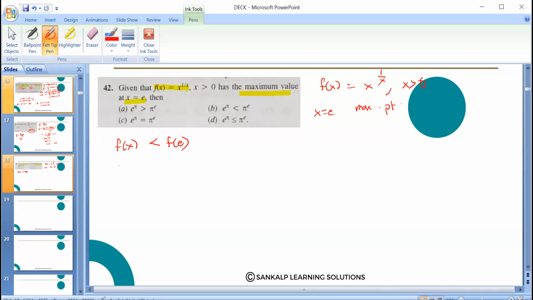For x, you have to take some number. Why not take x as pi? F of pi will be less than f of e. So f of pi means pi power 1 by pi, and f of e means e power 1 by e.